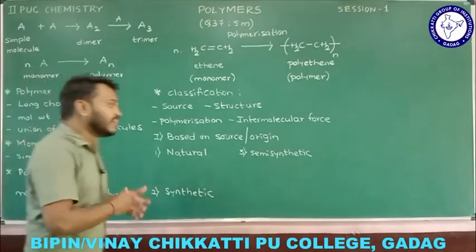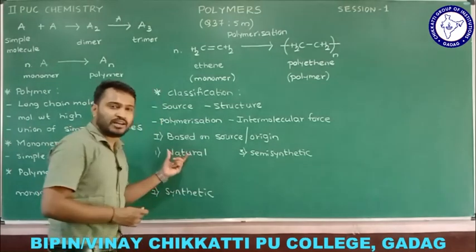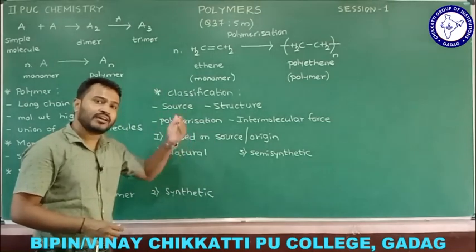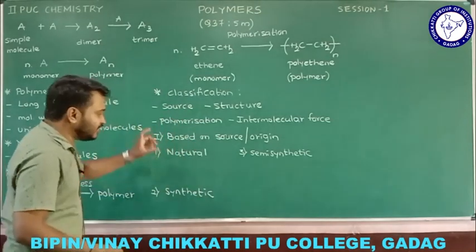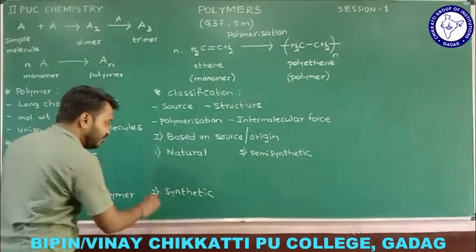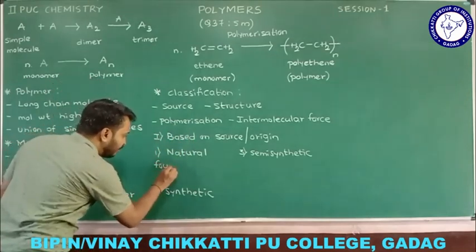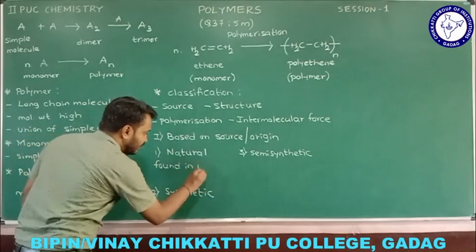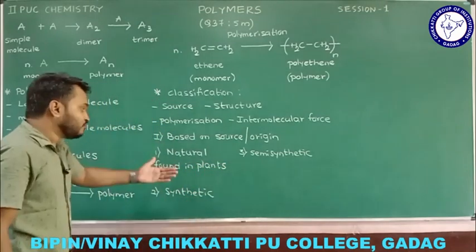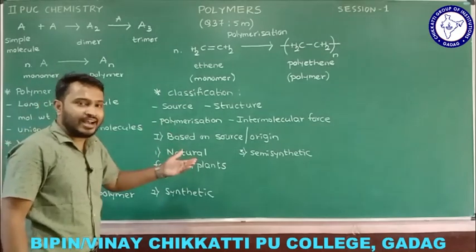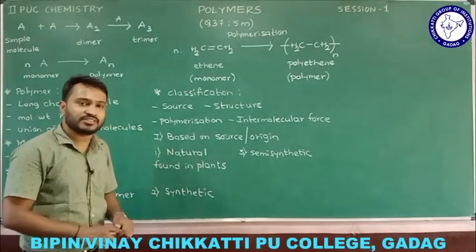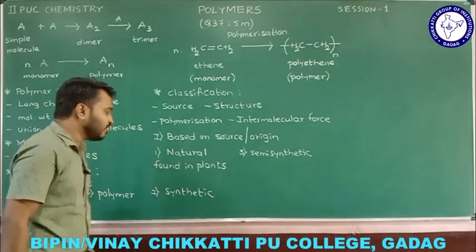As the name indicates, the first one is natural polymers. They occur in nature, naturally occurring polymers. Usually the source for such naturally occurring polymers will be plants. So they are found in plants. The polymers which are naturally occurring, and which occur in plants, such kind of polymers we call natural polymers.